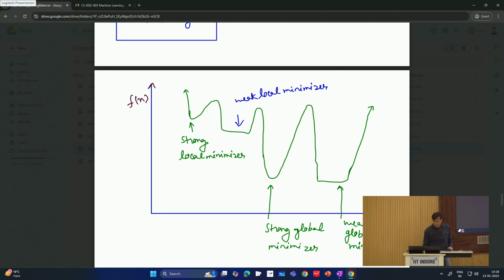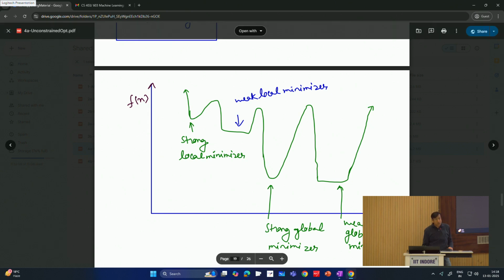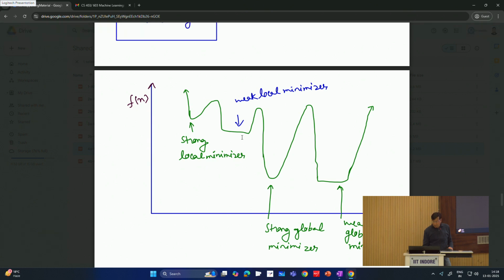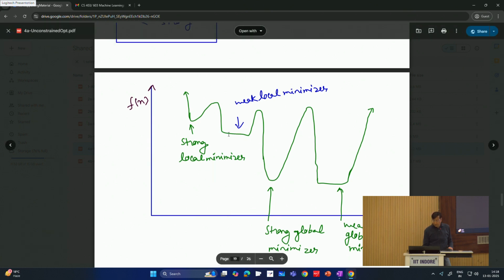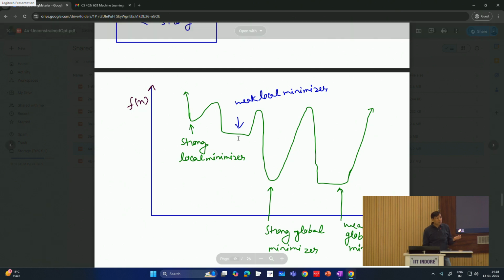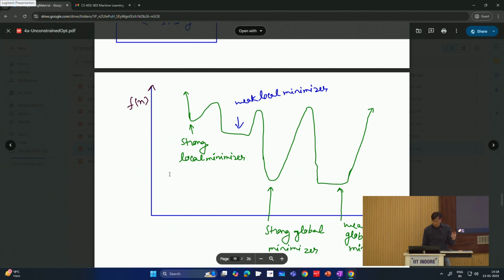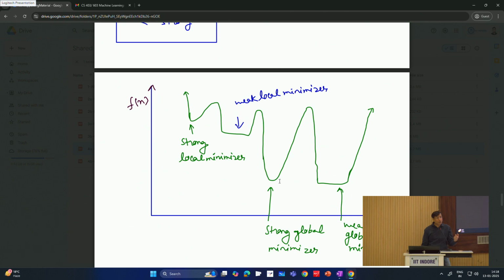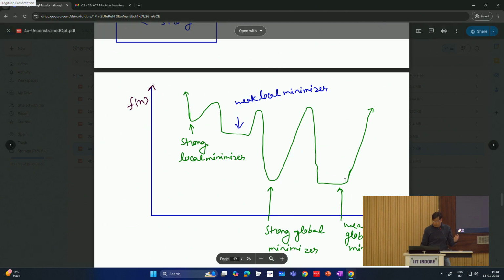It's local because I'm looking only in the vicinity, only in this region. When you look at this flat line, again it's a local minimizer, but it's weak because in the neighborhood you have the same values. Everybody is making sense? This is a strong global minimizer because you can see that the function value is going up everywhere. Globally it is the minimum value. And this is a weak global minimizer. The x-axis is a minimizer. These are the minimas, the f of x values.